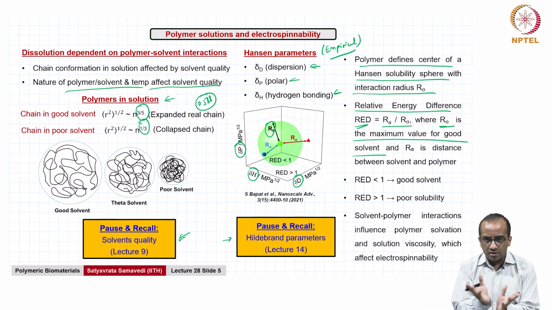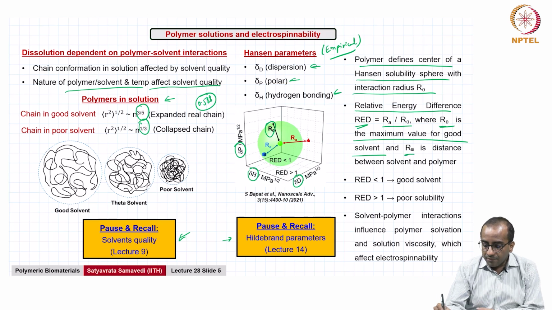So R0 you can determine experimentally. You take a series of good solvents and you find out the maximum value that encompasses what you would call a good solvent for that particular polymer. That's given by R0, and then RA is your solvent of interest, and that distance is between the solvent and your polymer.